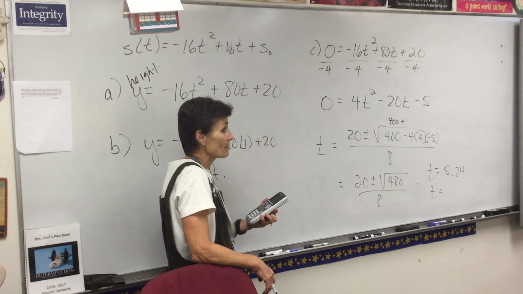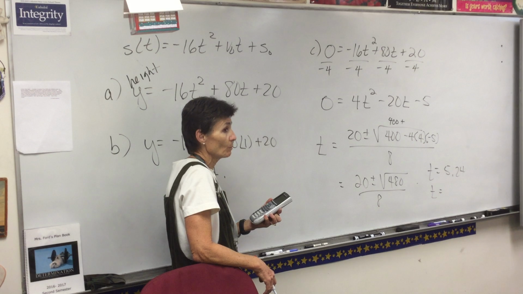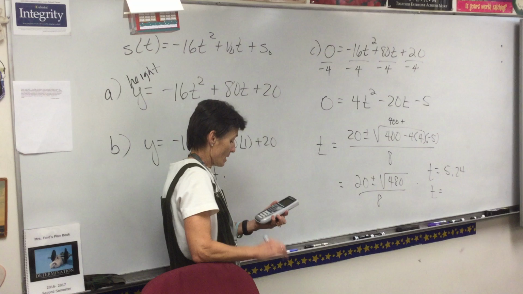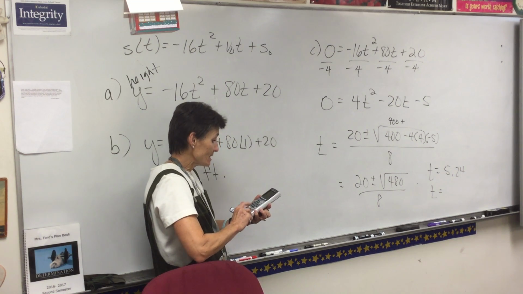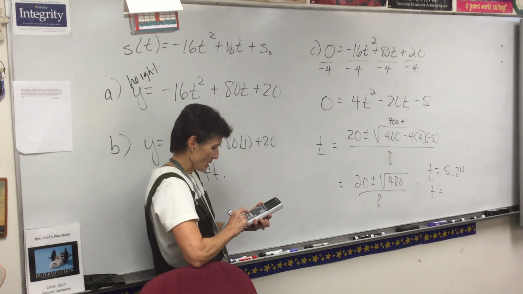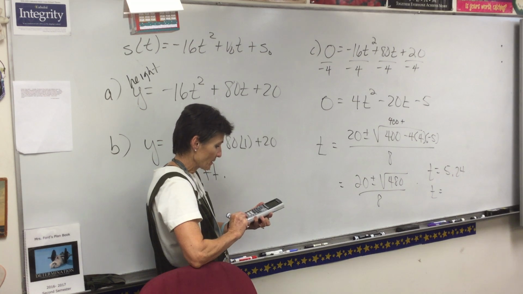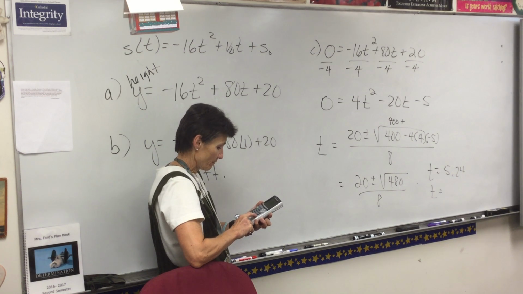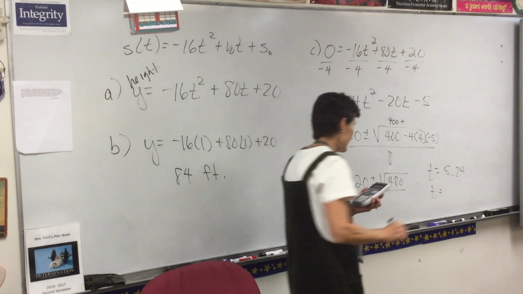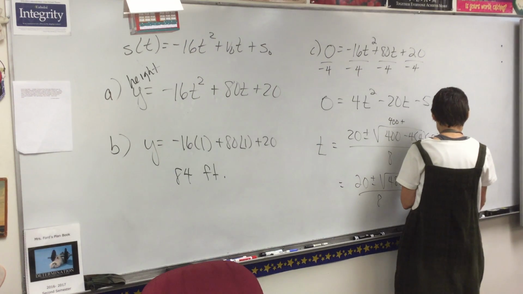Do I have anyone typing this in with me, or am I the only one? 20 minus the square root of 480 equals, divided by 8, negative 0.24.